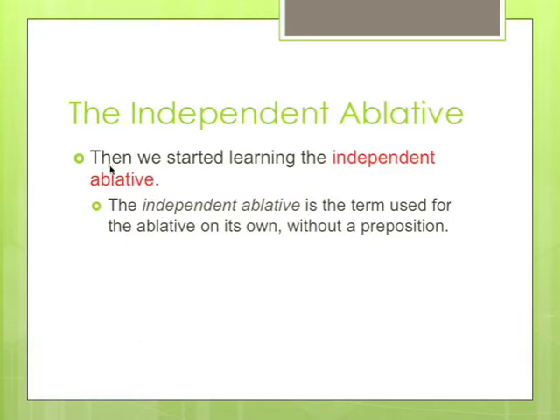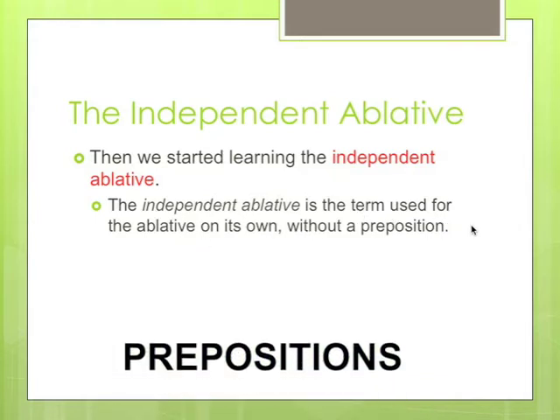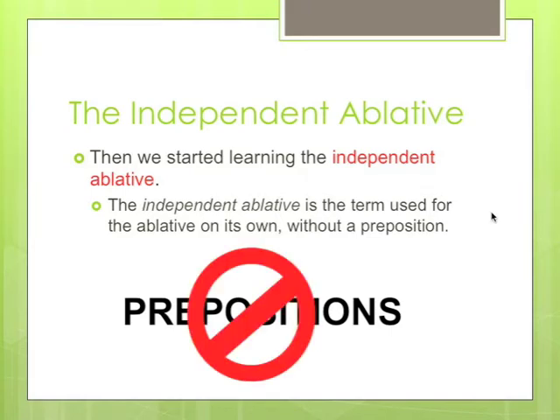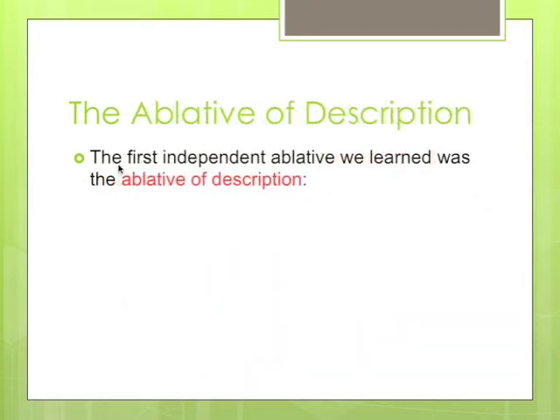Then, after learning the ablative with prepositions, we started learning the independent ablative. The independent ablative is the term used for the ablative on its own without a preposition. So with the independent ablative, no prepositions. The first independent ablative we learned was the ablative of description.